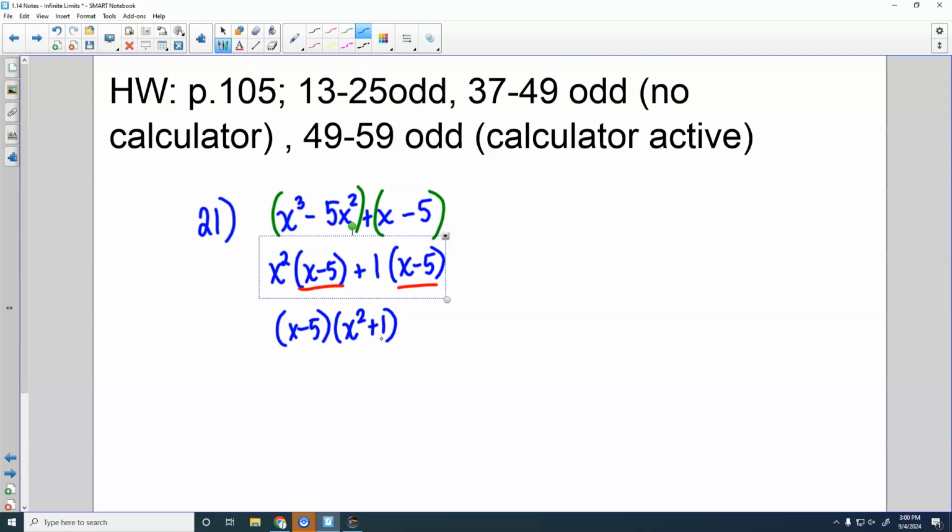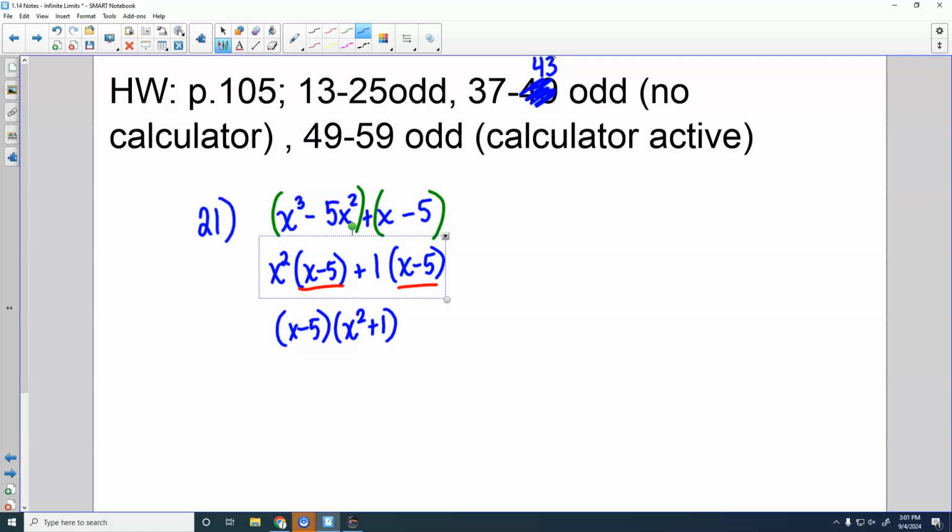I feel like that's a little too much without the calculator. Let's stop this part at 43. That just gives you 4 that you have to do without the calculator.